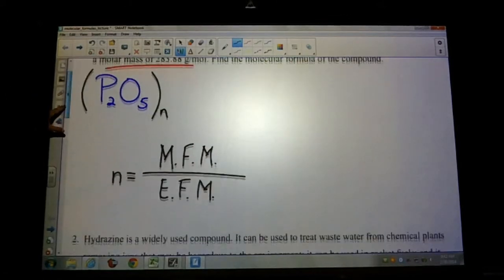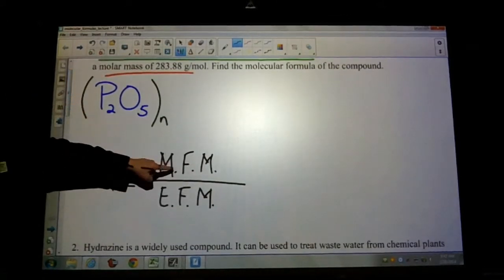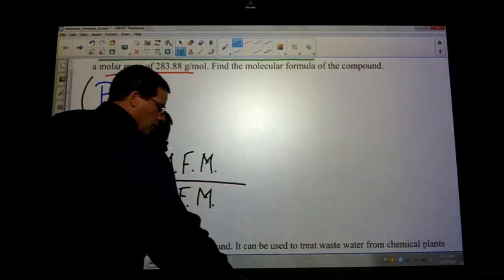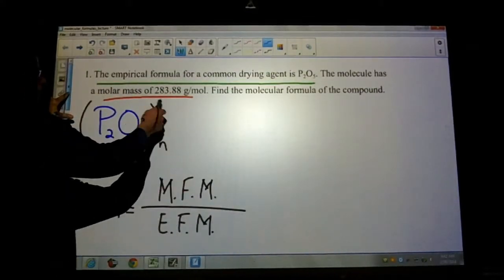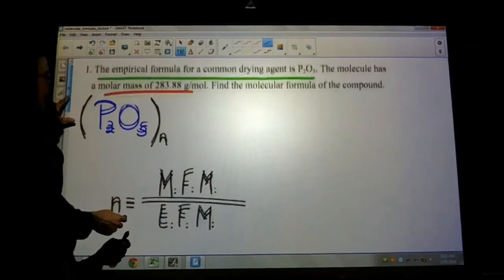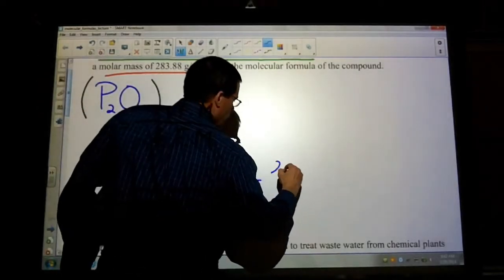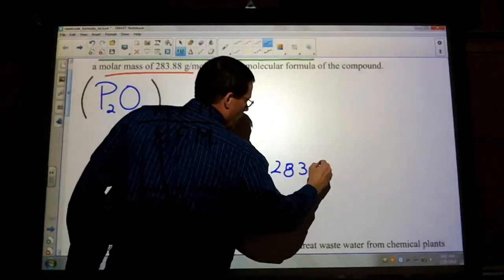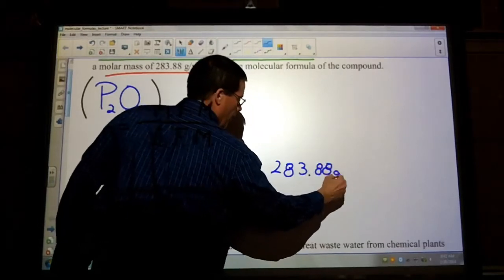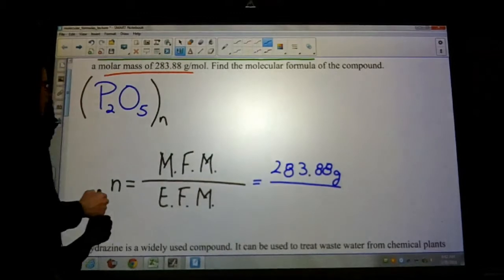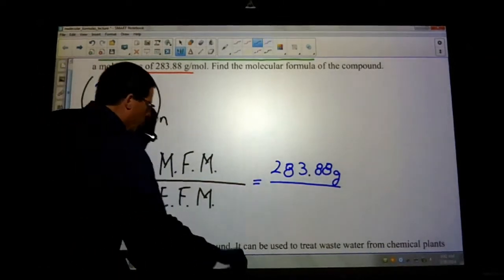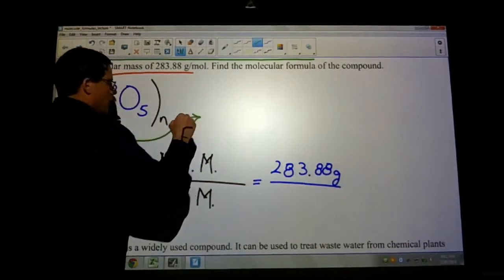How can we find out what the molecular formula mass is? Does anybody know it? 283.88, good. So we have our 283.88 grams. And how can we find the empirical formula mass? Yeah, do what we've been doing. Find out how much that weighs.